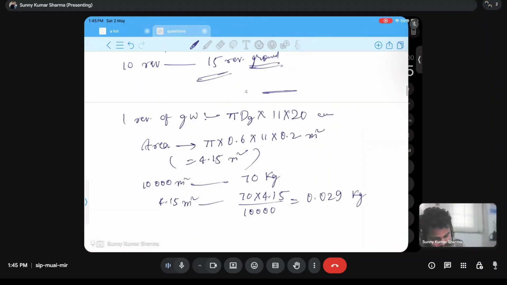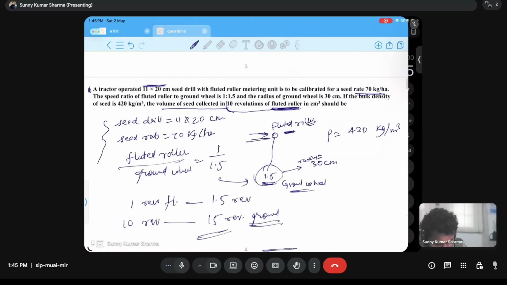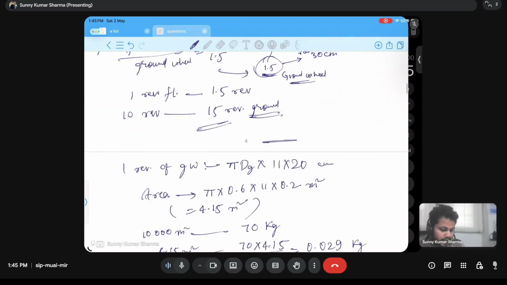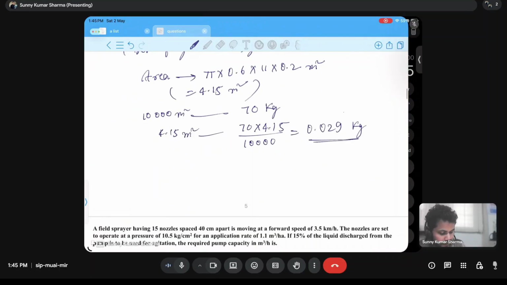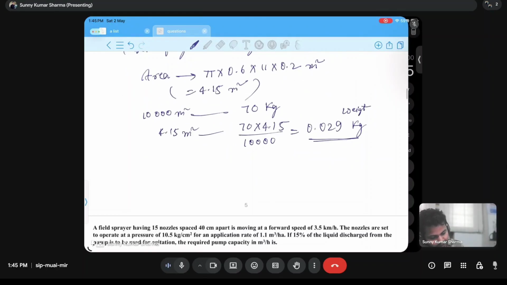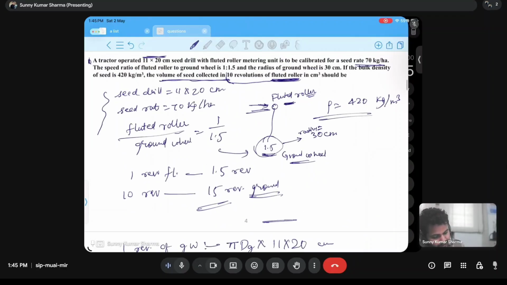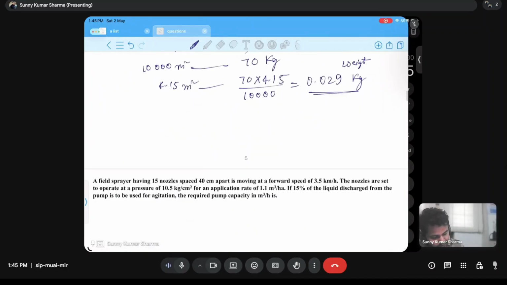And what we are being asked here is the volume of seed collected. Here we have weight, so there must be a weight and volume relation, and that is density. The density given was 420 kg per meter cube.